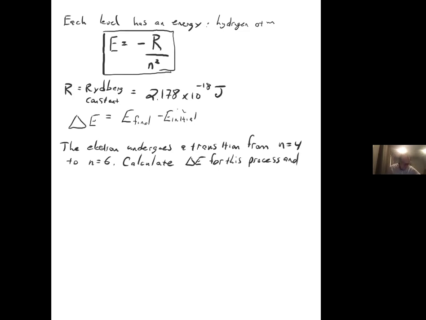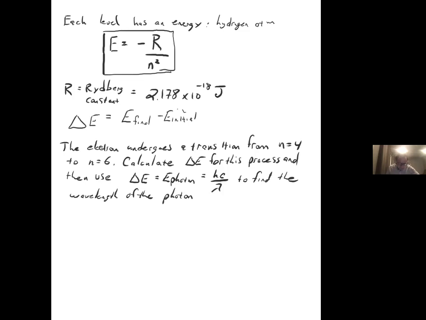And then use delta E equals energy of the photon, which is equal to hc over lambda, to find the wavelength of the photon absorbed. Okay, so notice it says the photon is absorbed. It's going from n equals 4 to n equals 6. So if n gets larger, that's going to be absorption.